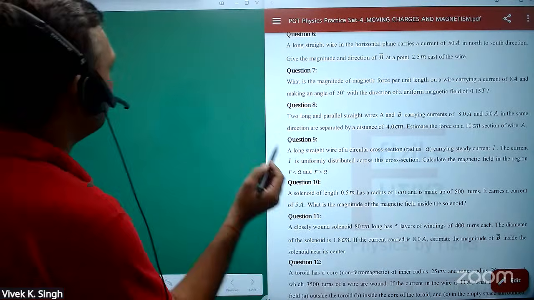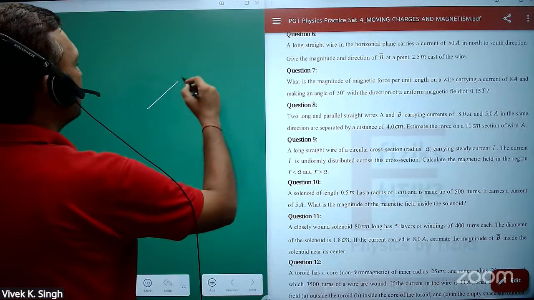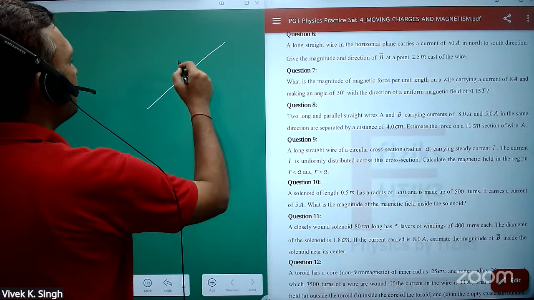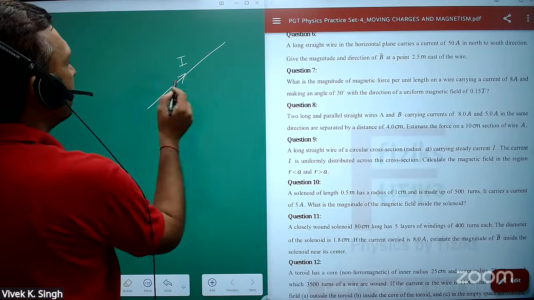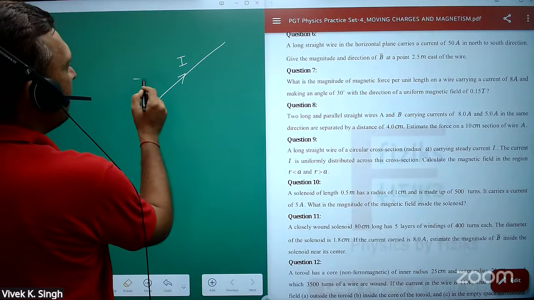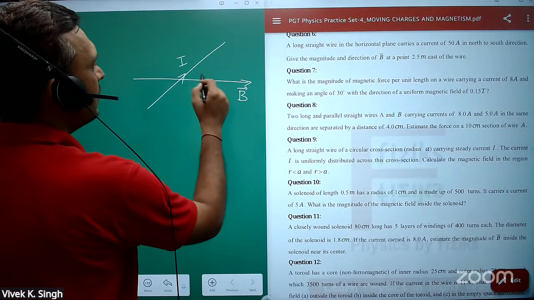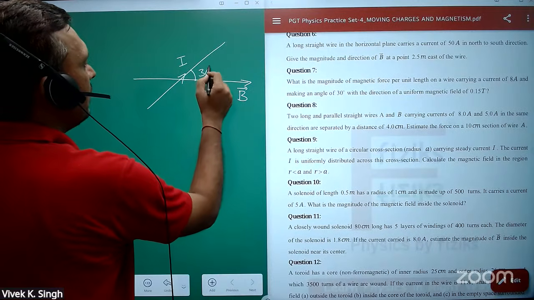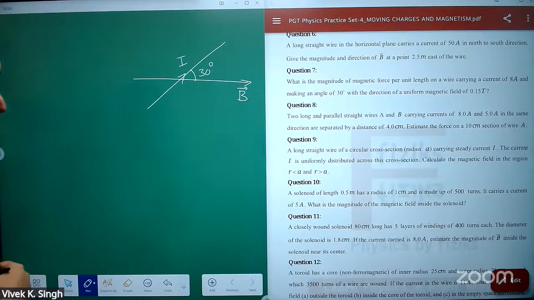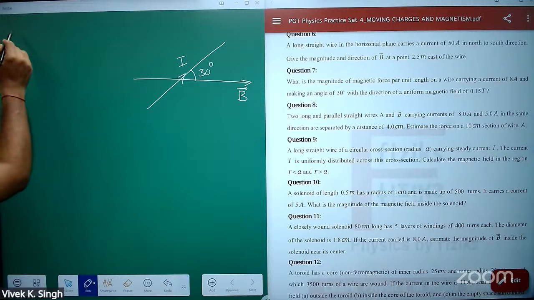Uniform magnetic field means you have a wire in which current I is flowing, and let's say it makes an angle 30 degree. So what will be magnetic force?